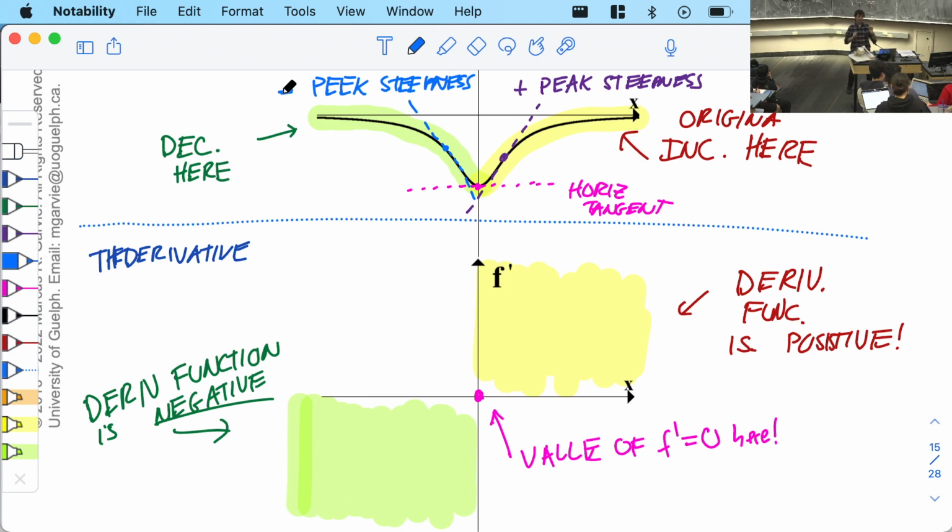And those translate to the minimum and the maximum value of the derivative function, right? The tangent line will never be more negative than when it is here, and the tangent line will never be sloped more positively than it is there. So those are the kind of the min and the max. And then the other thing we saw is that the slope is going to 0 here, right? The slope is 0 near the ends. So if I connect the dots, it's some function that looks like this.